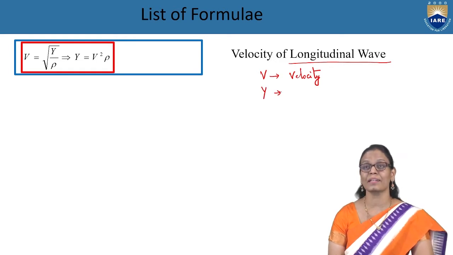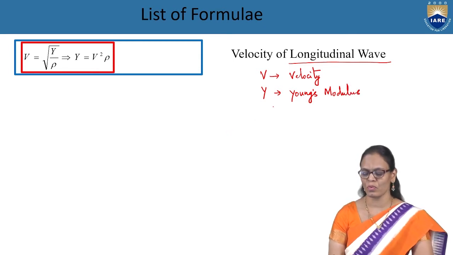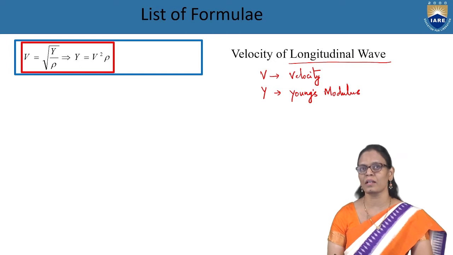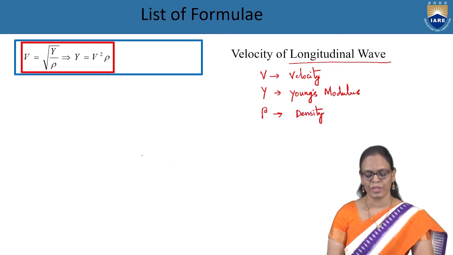Y represents the Young's modulus. Young's modulus is always related to the linear expansion of the wire. So Y denotes the Young's modulus and rho denotes the density. So we have V is equal to under root Y by rho.